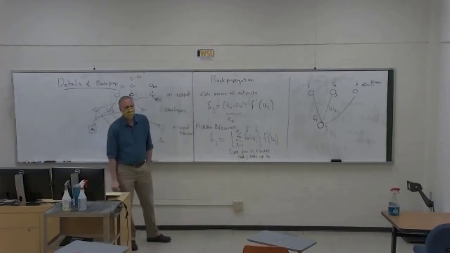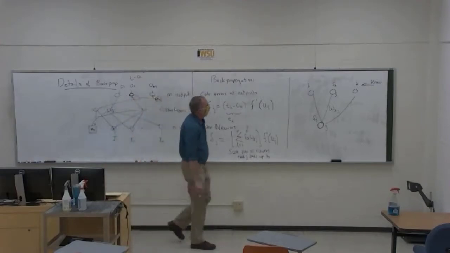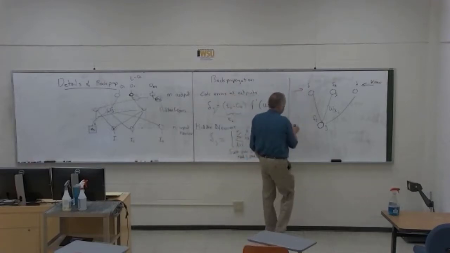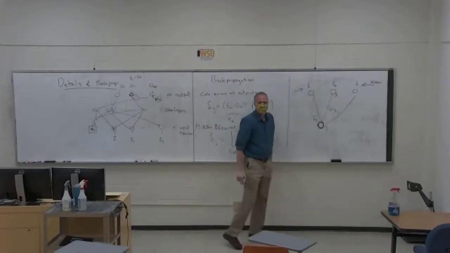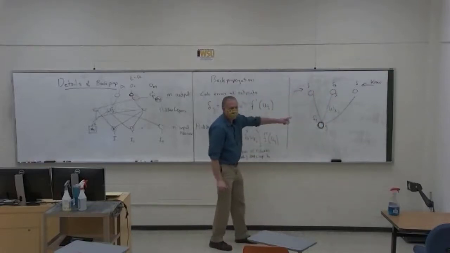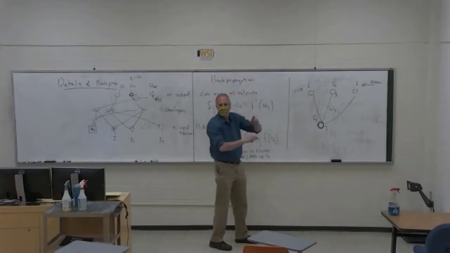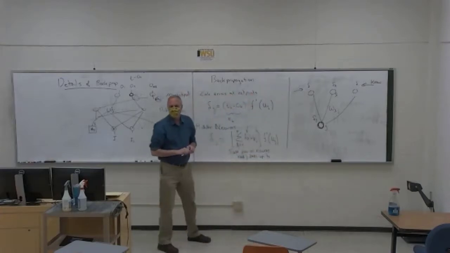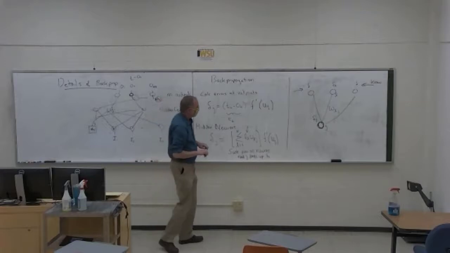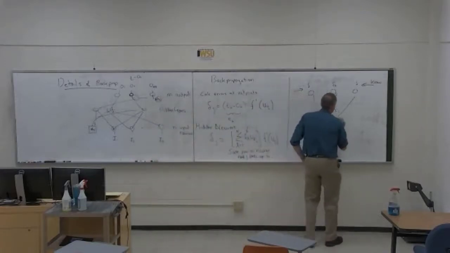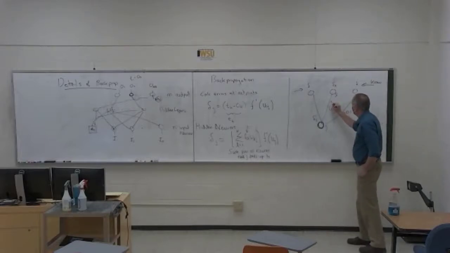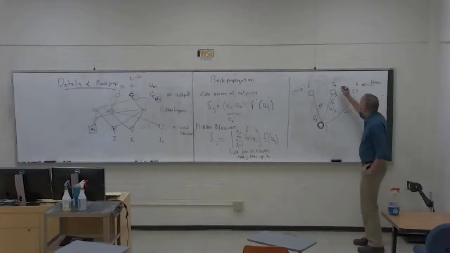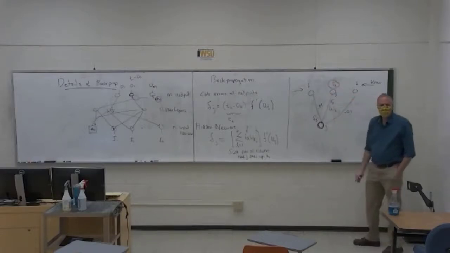So philosophically, it's saying I have errors up here, and I'm going to blame this neuron for these errors because it contributed to that error. It sent information up, so it was responsible for some of that error up there. And in fact, it's responsible in a weighted way. If we have a really small weight here, and a big weight here, and a really small weight here, it probably contributed most to that error, didn't it?